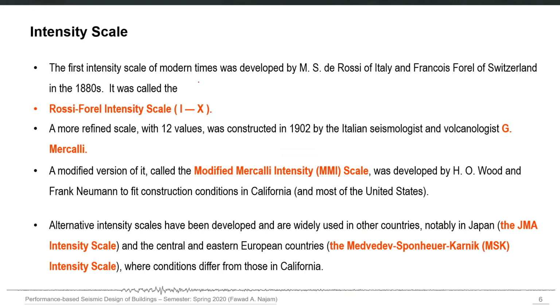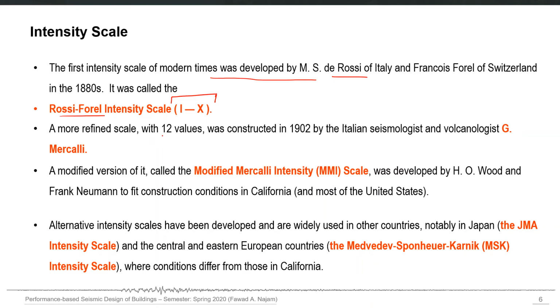So the first intensity scale of modern times was developed by Rossi, and it is called the Rossi-Forel intensity. It classifies the ground shaking intensity into 1 to 10, indicated by these Roman numerals. So 1 means an earthquake with very low intensity and 10 means the highest intensity.